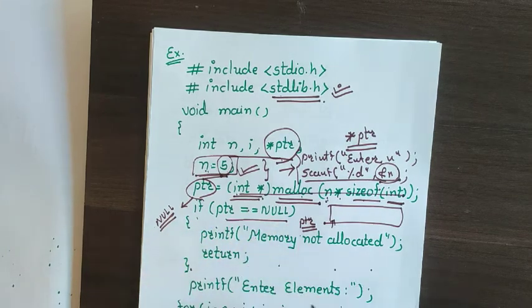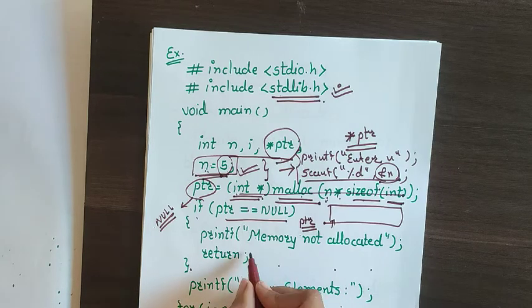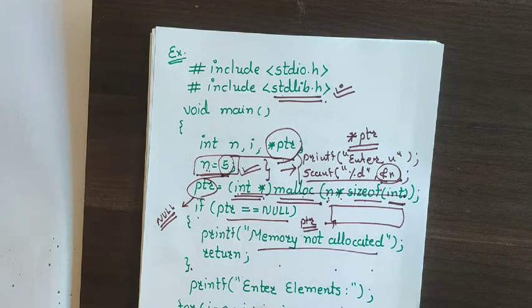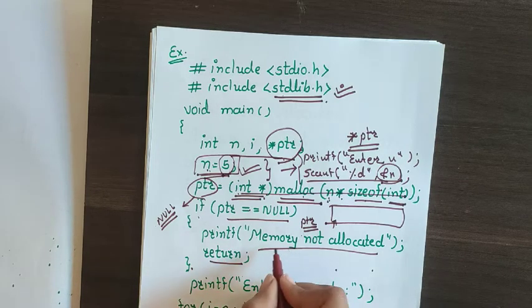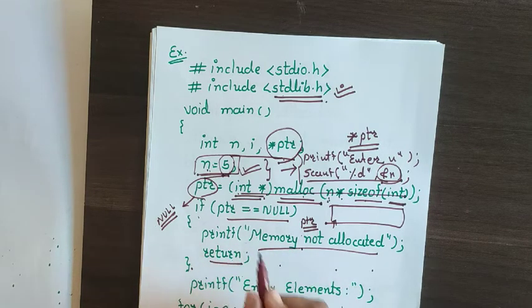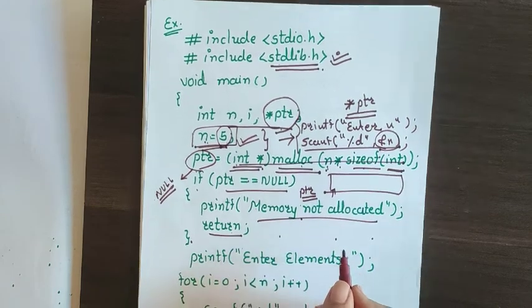If ptr is equal to null, then printf memory not allocated. I'm just printing a message that memory not allocated, and I'm returning from this, so it will terminate your program. It will just print this much and terminate the program.